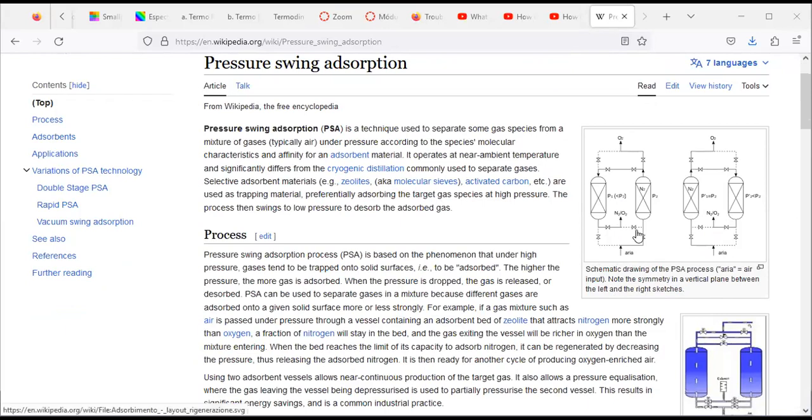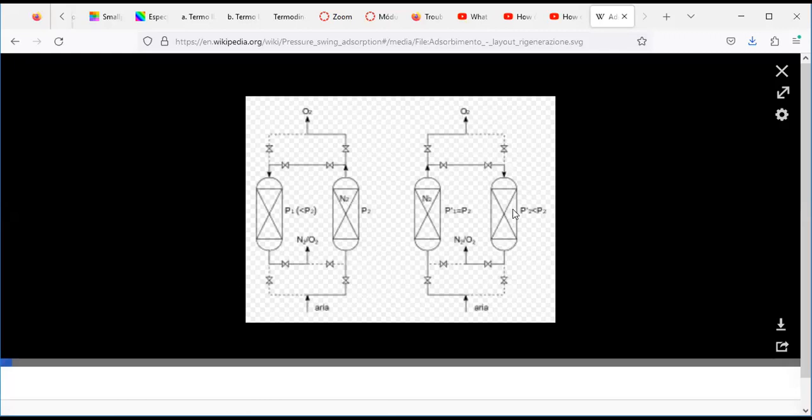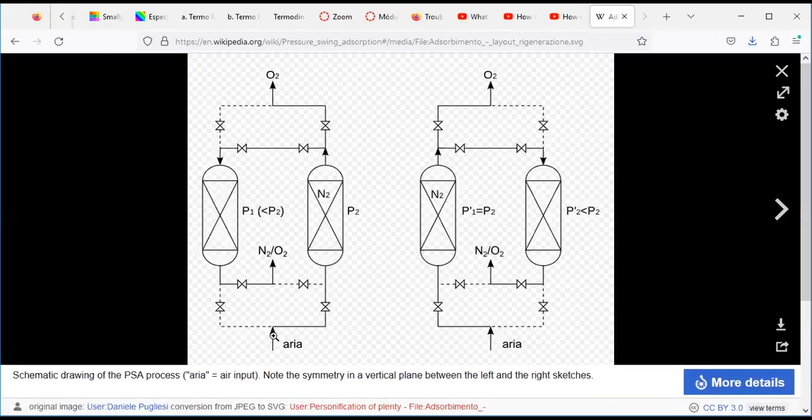Que hay una simetría entre los dos y se utilizan, si podemos ampliar esto, podemos ver cómo ingresan unos gases, siguen este camino, absorbe aparentemente nitrógeno y lo separa del oxígeno que es el producto que se desea. Y luego esta línea va al siguiente equipo absorbente, donde sale una mezcla de nitrógeno y oxígeno.